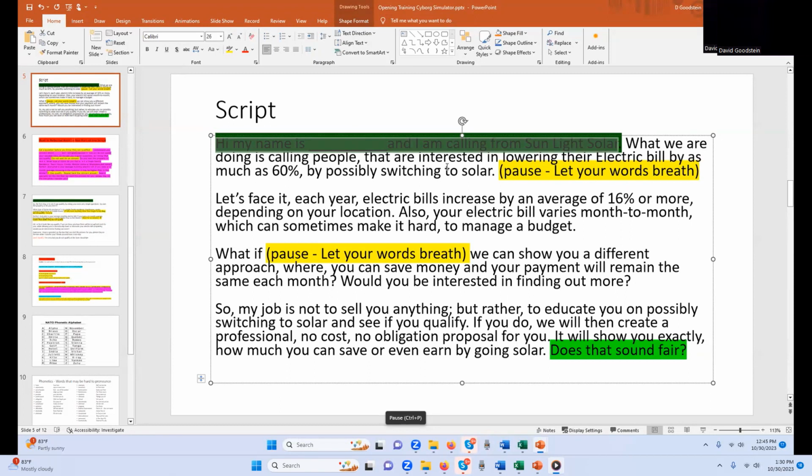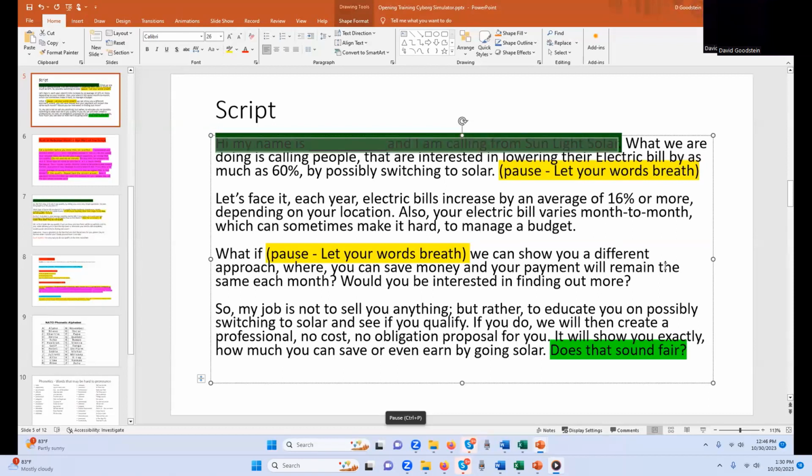So my job's not to sell you anything, but rather to educate you on possibly switching to solar and see if you qualify. If you do, we're then going to create a professional, no cost, no obligation proposal for you. It's going to show you exactly how much you can save or even earn by going solar. Does that sound fair?